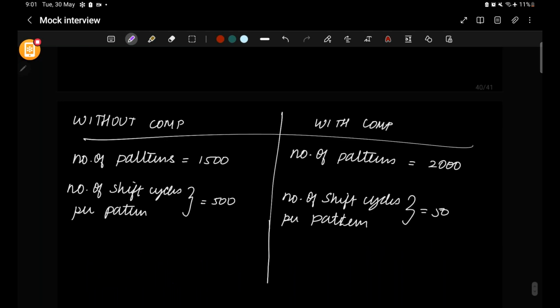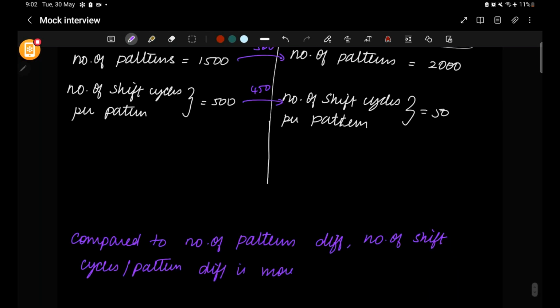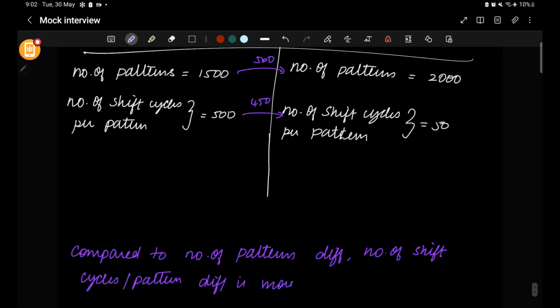Here the difference is only 500, but here it is 450 when you do 500 minus 50. So compared to the number of patterns difference, the shift cycles per pattern difference is more.